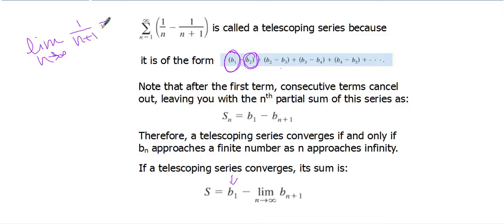So n gets larger and larger, 1 over a super huge number equals 0. 0 is a finite number, and as long as that happens, this telescoping series will converge. If I want to know what it will converge to, it will be the value of the first part of the first term, which is 1 over 1, minus the limit of whatever the second part converges to. That's the same answer we got a second ago.